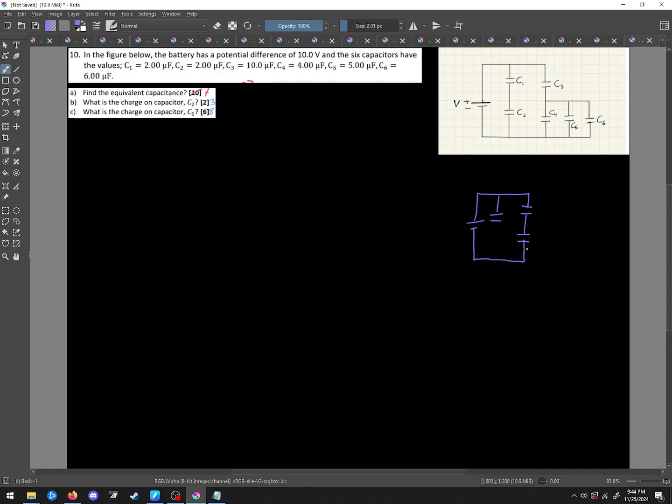Hopefully you catch how I got here. So this is C4, 5, 6. This is C3. And this here is C1, 2. C1 and 2 got combined into one equivalent capacitor. And then C4, 5, and 6 are all parallel like this. So this equals just one equivalent here, using the laws of parallel versus series.